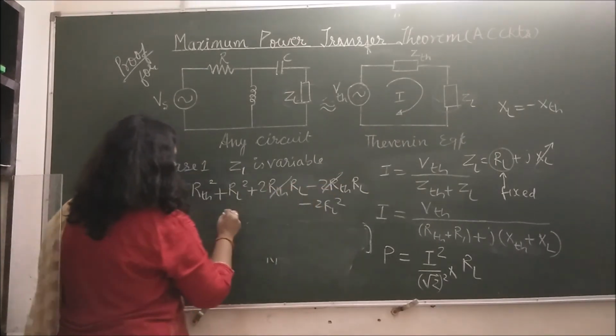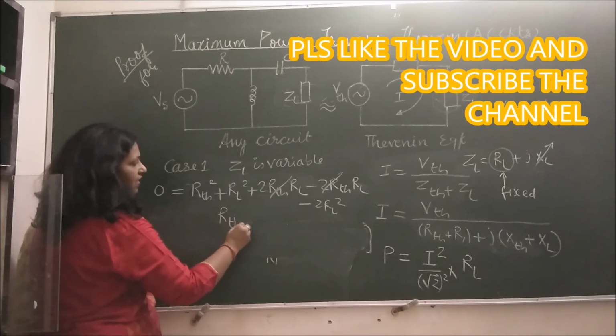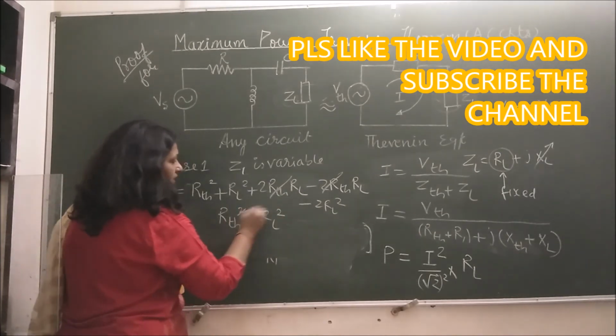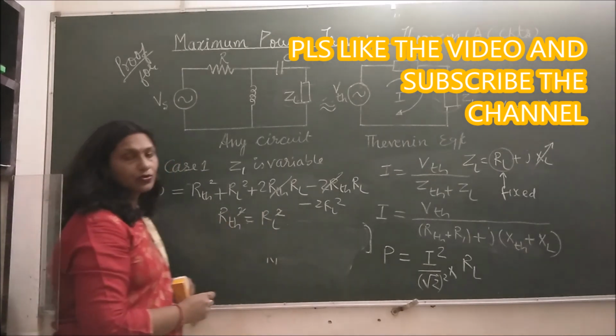This will be cancelled, and we get RTH squared equals RL squared, which means RTH is equal to RL.